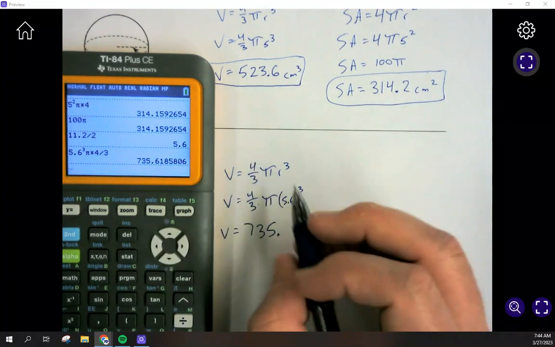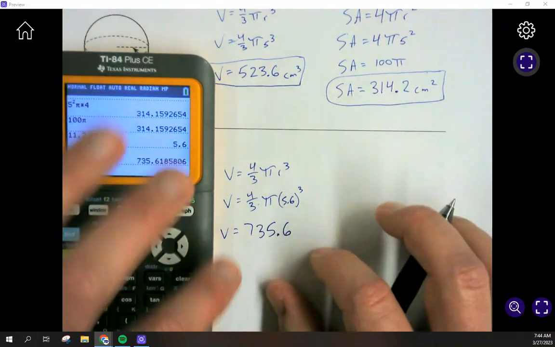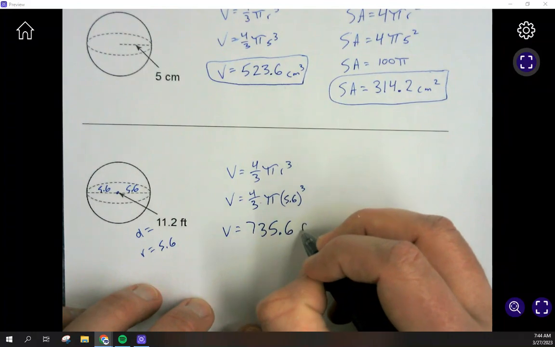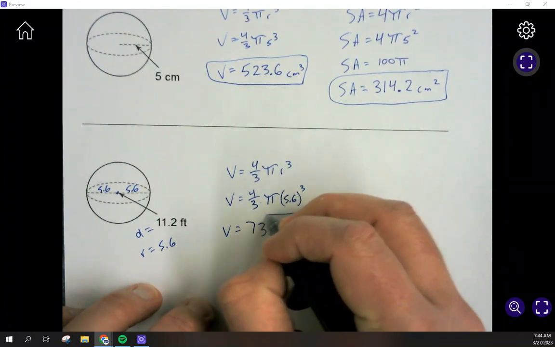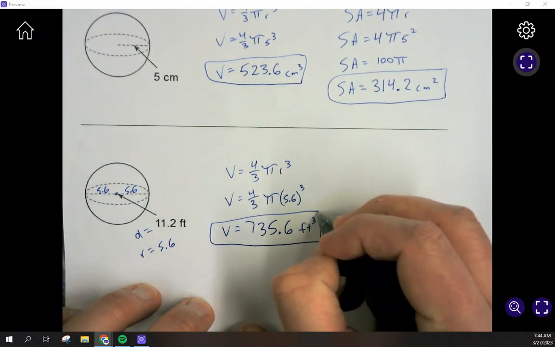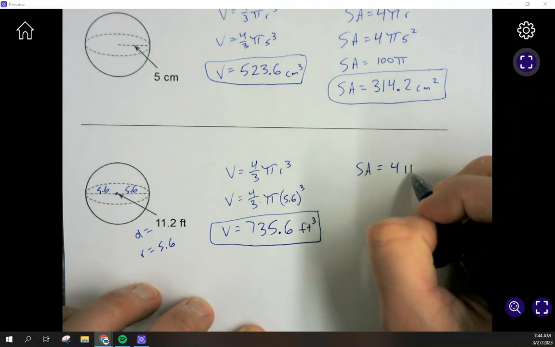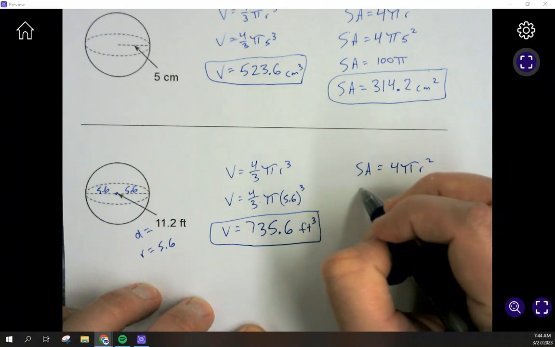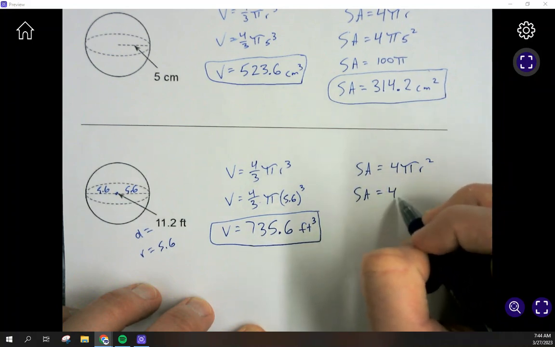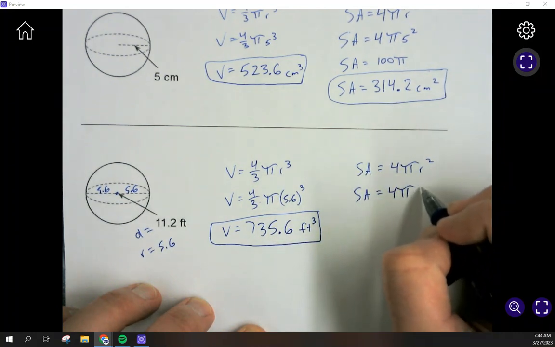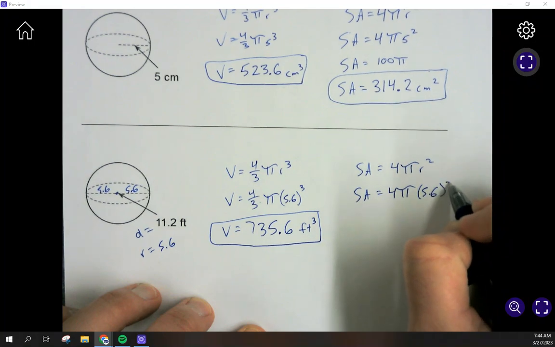735.6, and the 1 means the 6 is going to stay. My units here is feet. Volume is to the third power. All right, and then let's run a quick surface area. 4 pi r squared. So radius is 5.6. We're going to square it.